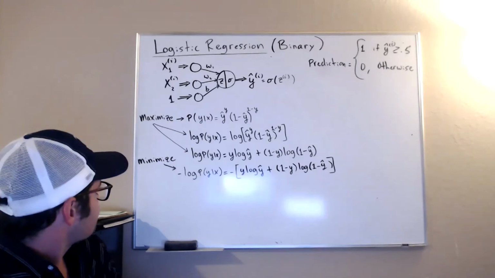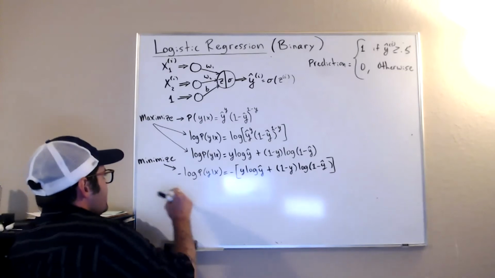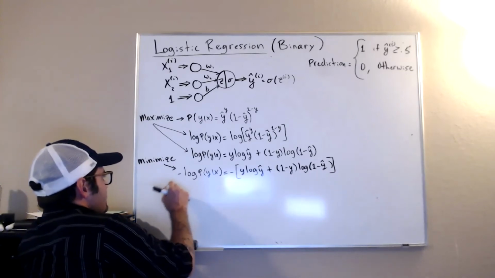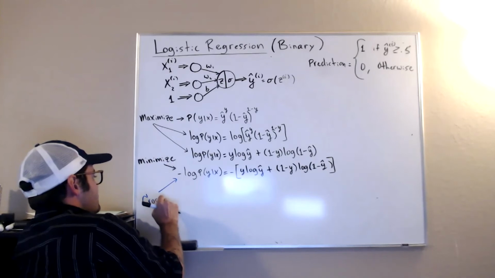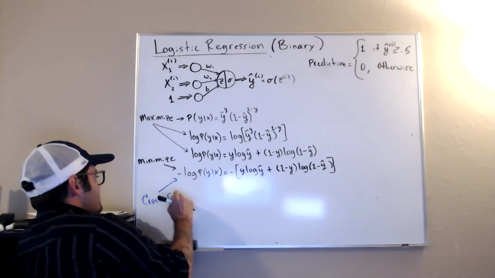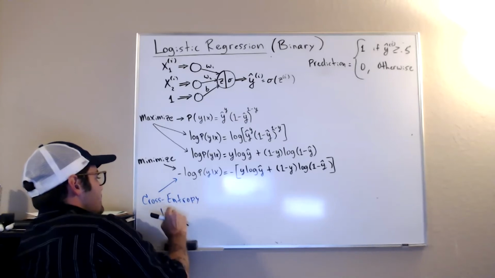So this right here is called the cross entropy loss function.